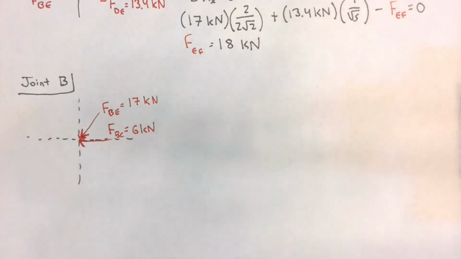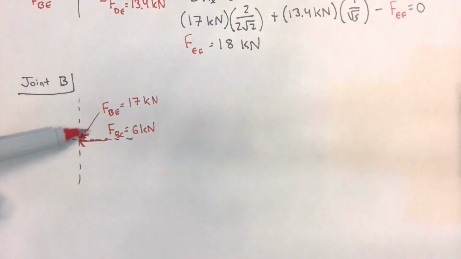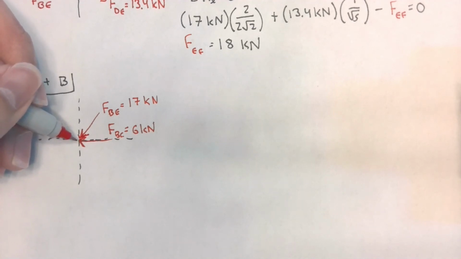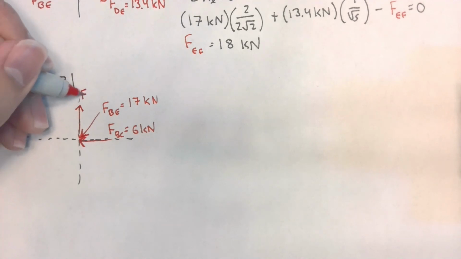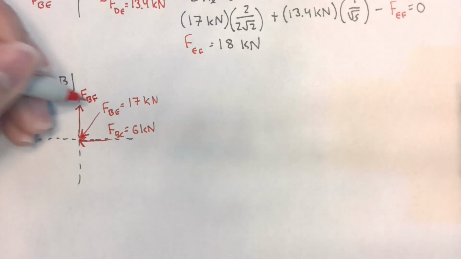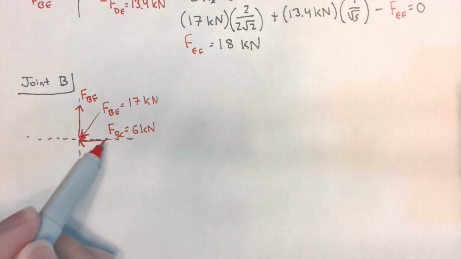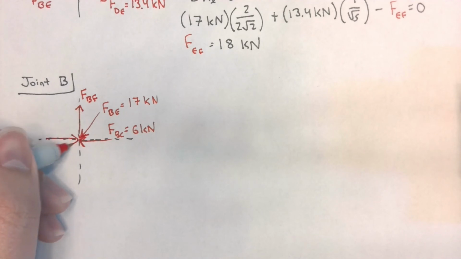We have a force from member BF. Now, because the y component for this one is negative, the y component for BF should be positive. And then, because both of the x components for these two forces are negative, the x component for AB should be positive.